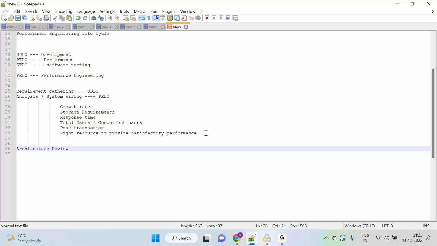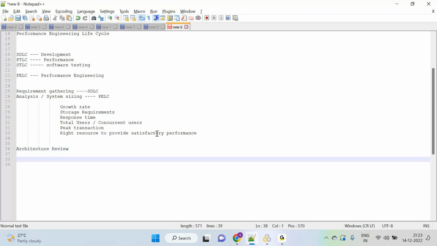Very, very important, because you should know your design should be simple. You should have a simple design and implementation, because everybody should understand your architecture.